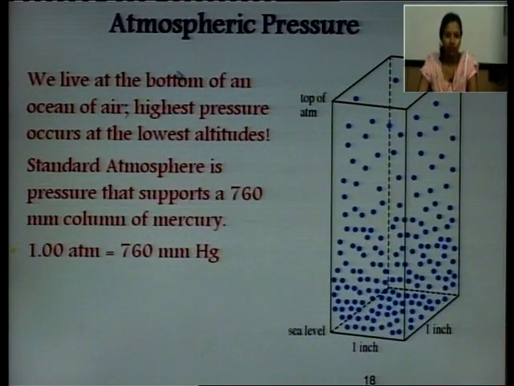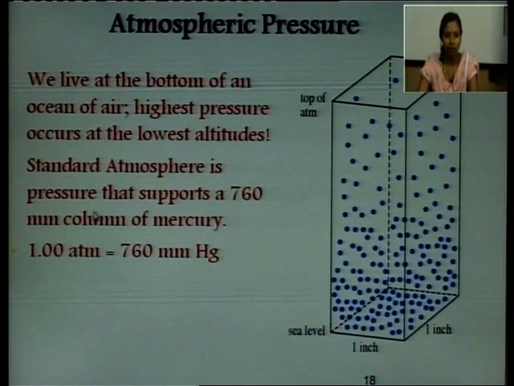So now we will define atmospheric pressure. We know atmospheric pressure is due to air because there are different gases in the atmosphere. So we live at the bottom of an ocean of air or gulf of air. Highest pressure occurs at lowest altitude because the air is more.